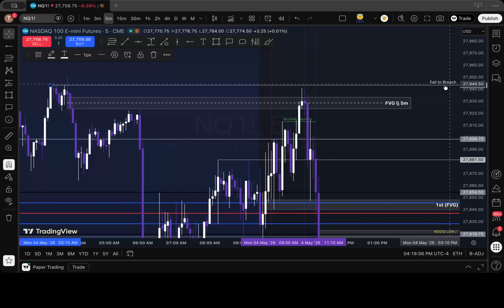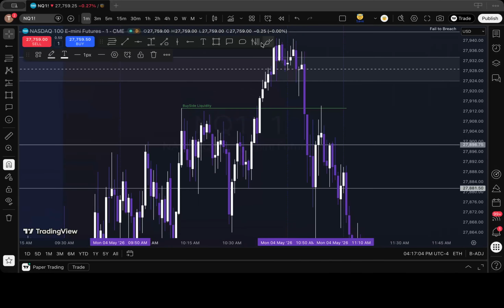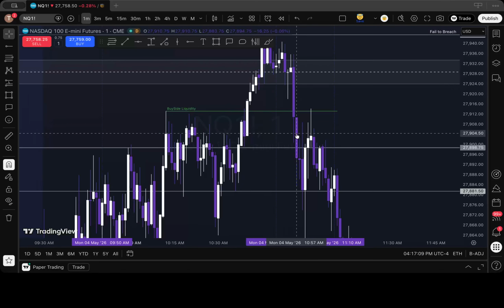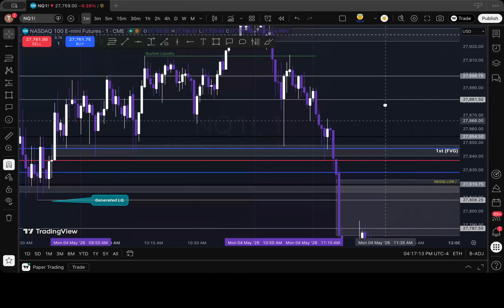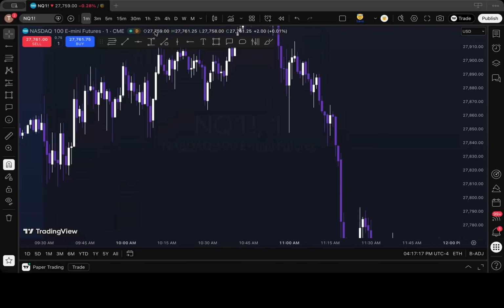Failing to breach. See the 5 minute bodies? And in the 1 minute doing exactly what we want to see. Accumulating at the higher area. Right before showing us our entry into our targets. And then I would just remove everything. I don't give a fuck.